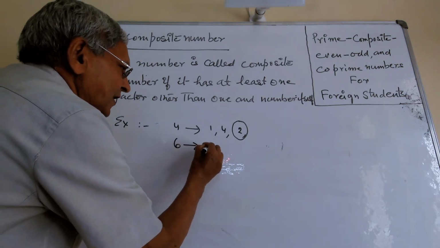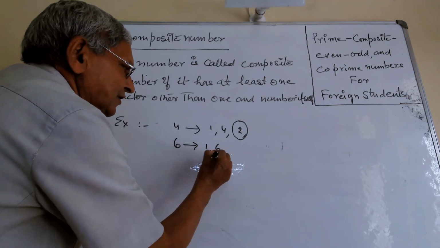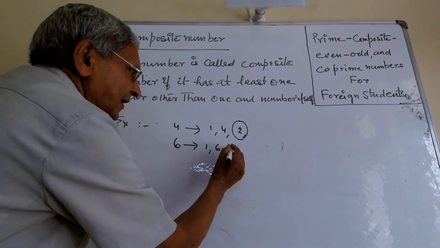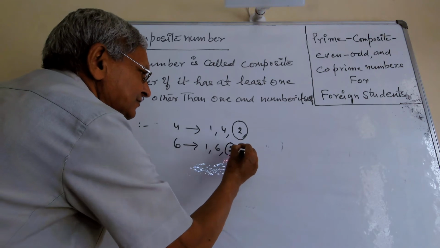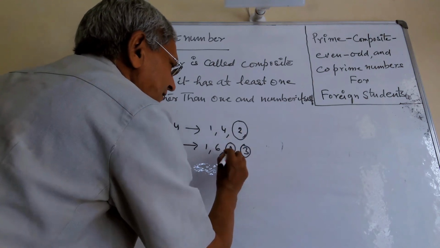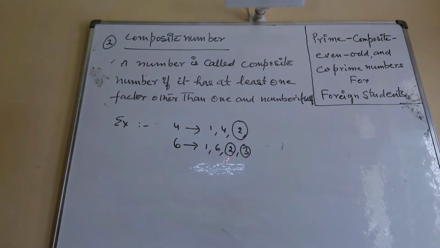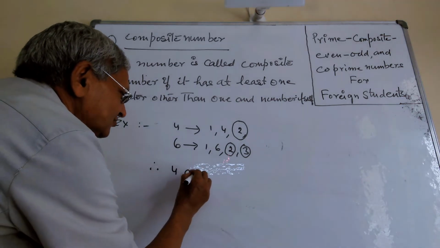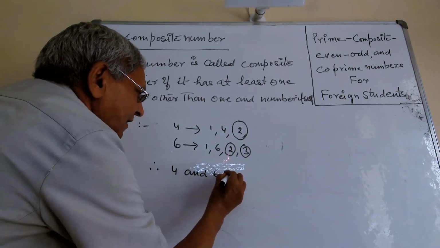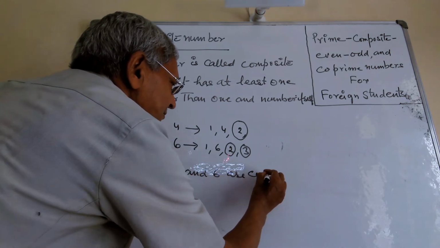In 6, there are 1, 6, the number itself, and 2 and 3 as two more factors. In 4 there is one extra factor, in 6 two extra factors. These numbers are composite numbers. Therefore, 4 and 6 are composite numbers.